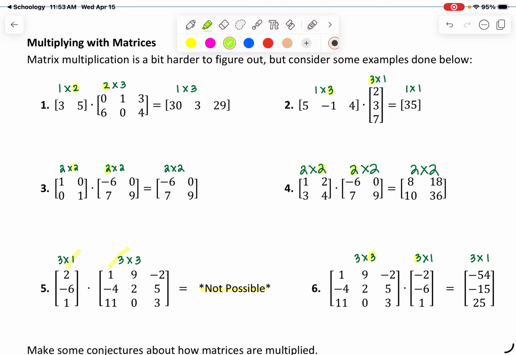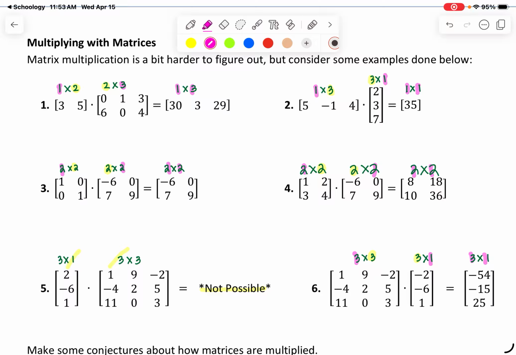Now, the resulting matrix you should have noticed is the outside dimensions: a 1 by 3, a 1 by 1, a 2 by 2, a 2 by 2, a 3 by 1. And that one doesn't matter because it's not possible, right?